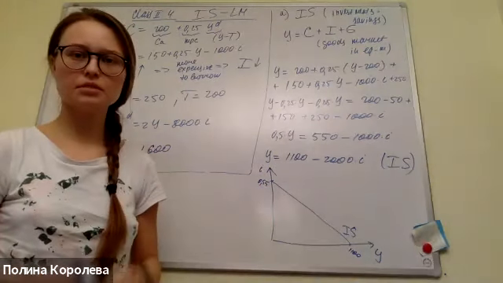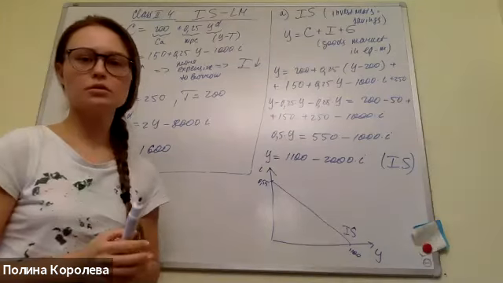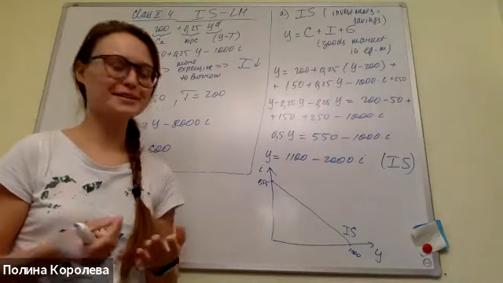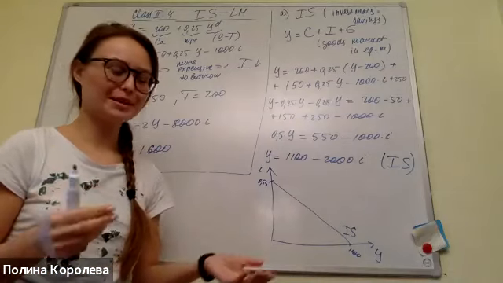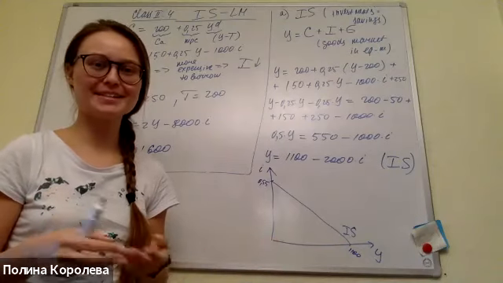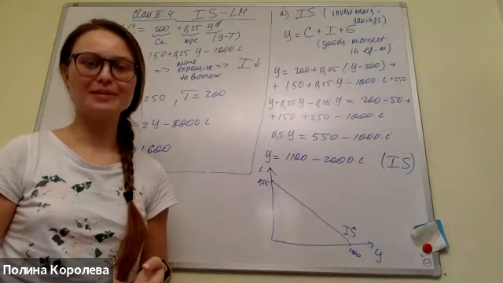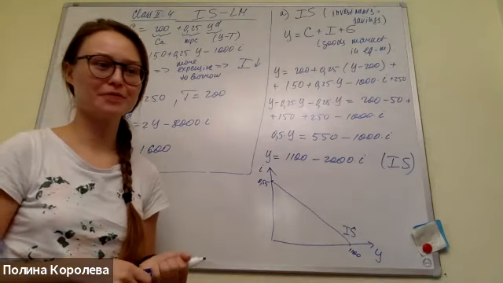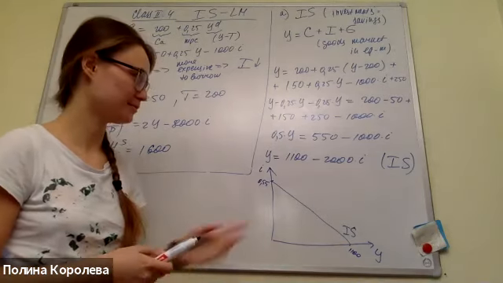Yes, Maxim, you have a question? Is i always going to be between 0 and 1, as you have it on your vertical axis? No, not always. It is logical that interest rate should be between, I don't know, 0% and 100%. But in some tasks, you can find 500%.